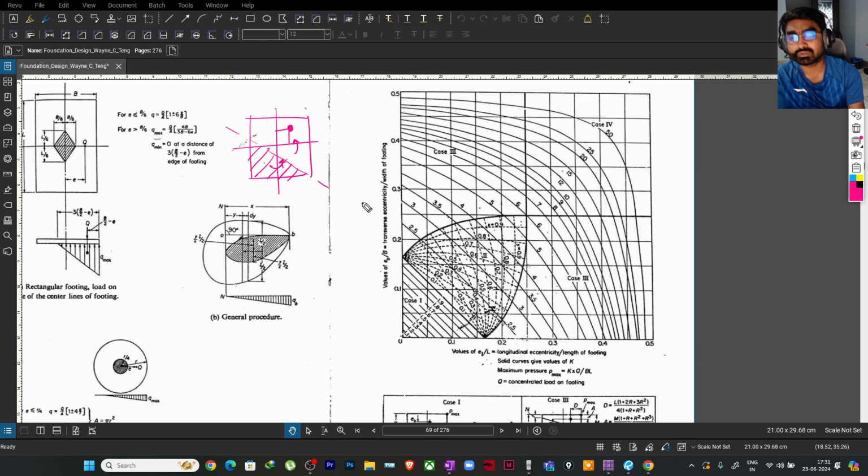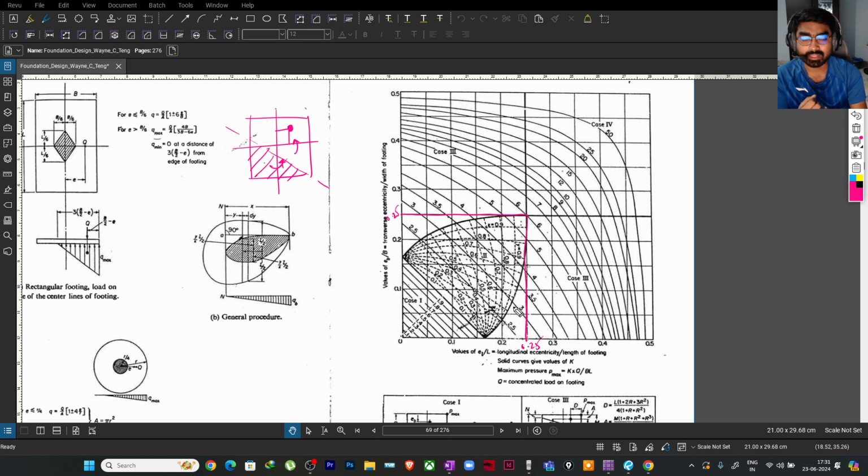we generally use the charts or curves given by W.C. Tang in his book. You know that we generally do not allow more than 25% uplift in the foundation. If you see Tang's chart or curve, this is the line which defines 25% uplift.